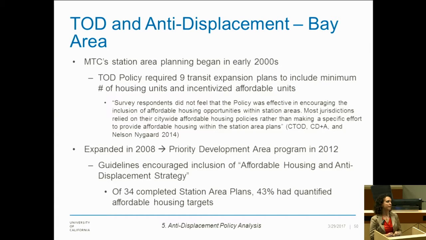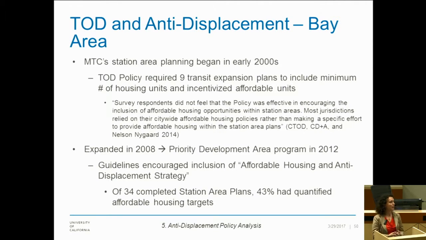In 2005, they developed a TOD policy that was specific to 9 transit expansion areas. And in this first policy in 2005, they required these plans to talk about housing. This is back in the day when transportation, land use and housing were 2 separate fields, so this was innovative at the time to talk about them side by side.